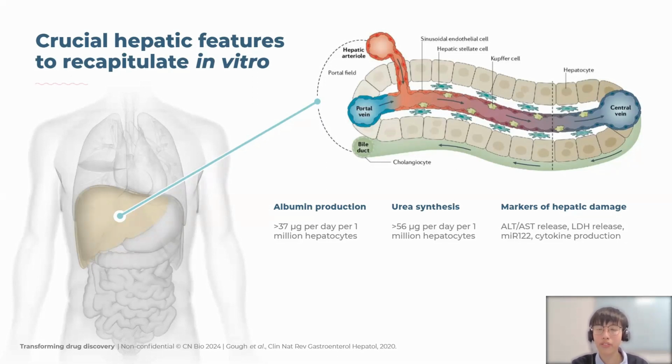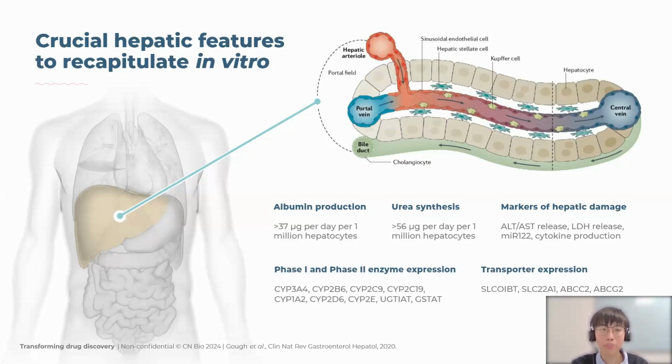Other important factors to consider include the expression of various metabolic enzymes and transporters. It is because the liver is a key site for metabolism of many drug compounds, and therefore it is very important that an in vitro model is able to reproduce these features, especially when used in applications such as ADME studies.